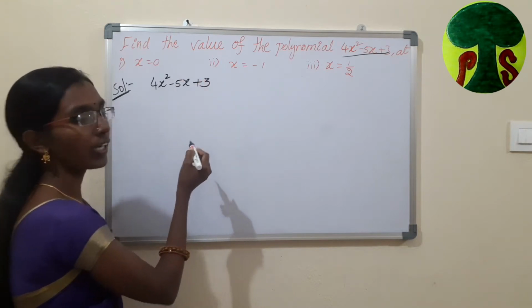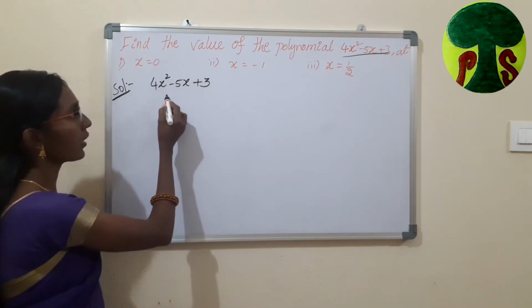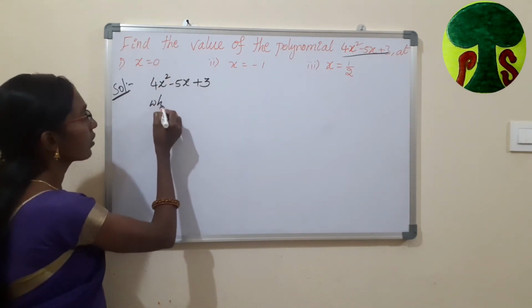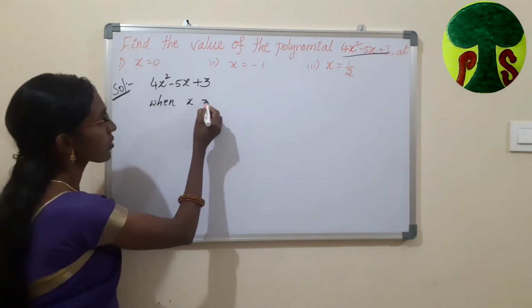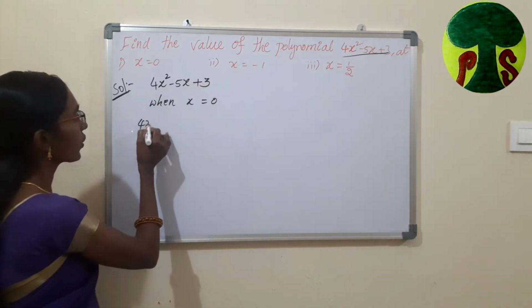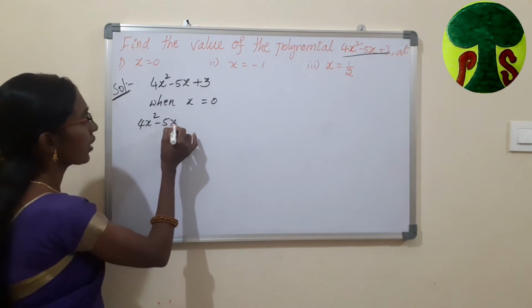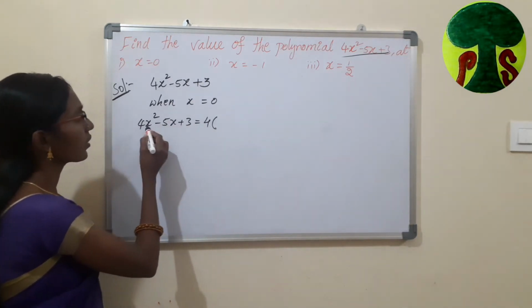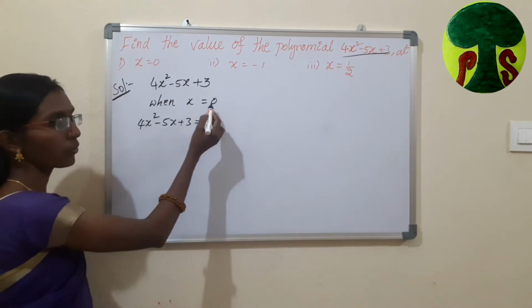We have to find the value of this polynomial when x equals 0. So 4x square minus 5x plus 3 equals 4 into, here in the place of x we have to substitute 0.